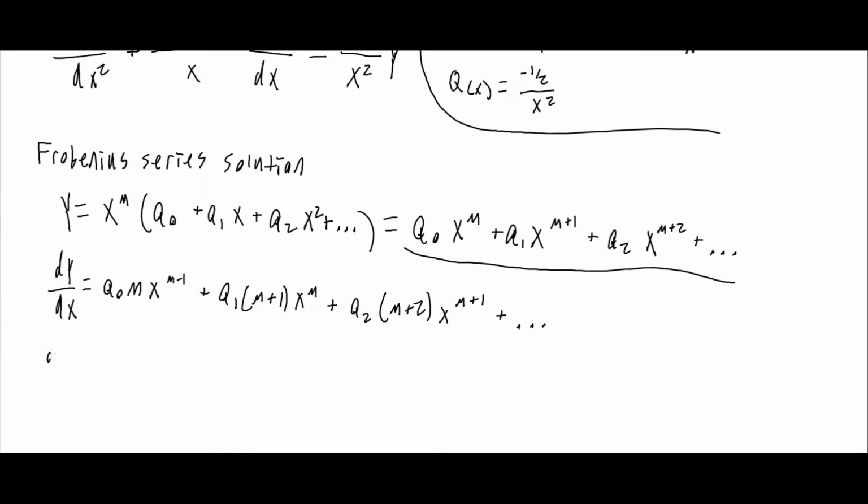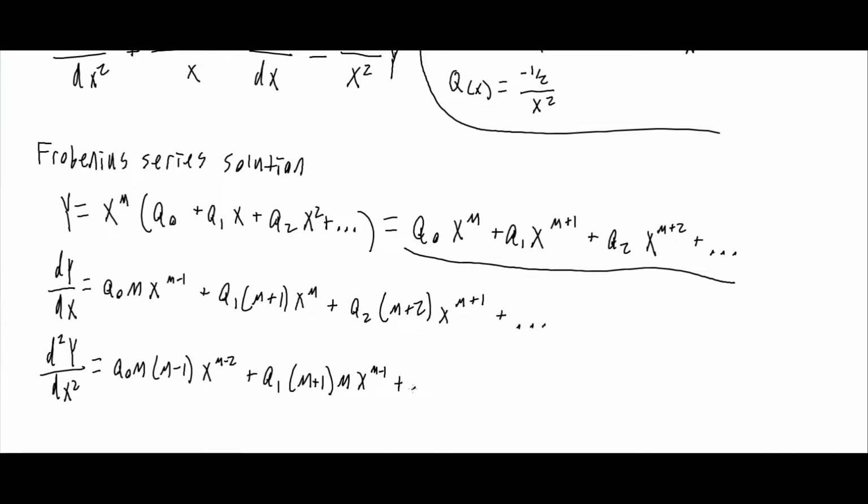And then if we took the derivative of that, so that would be our second derivative with respect to x, what we would have is a naught m times m minus 1, because we would now be taking this m minus 1 down to the front here and lowering that to x to the m minus 2, plus a1 m plus 1 times m x to the m minus 1, and that will keep going on in that fashion.